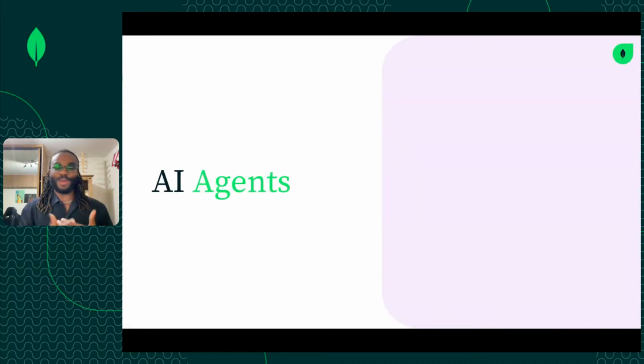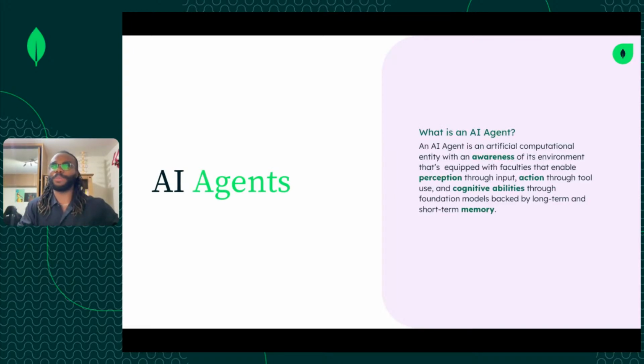So now we're talking about AI agents, and I always shy away from giving definitions of AI agents, because the definition of an AI agent is within a spectrum. What does it mean for something to be agentic? It's up for debate, but I define an AI agent as a computational entity that has some form of awareness of its environment, and it can perceive its environment through input.